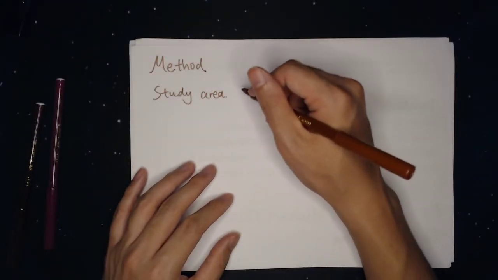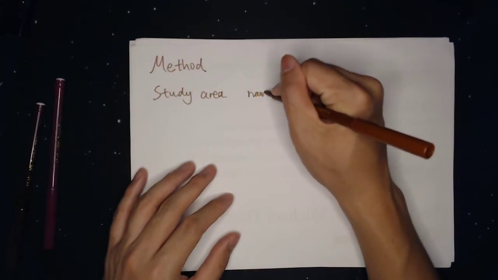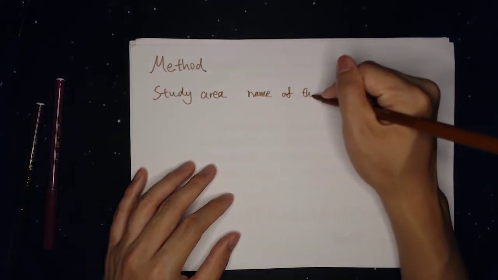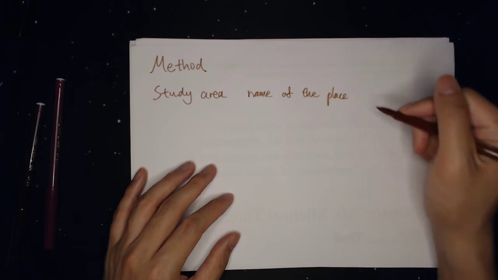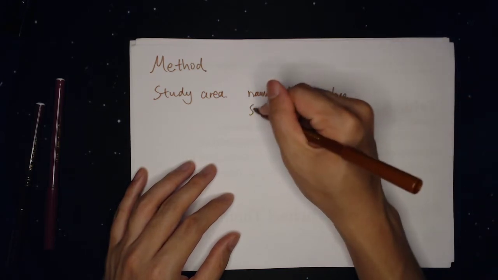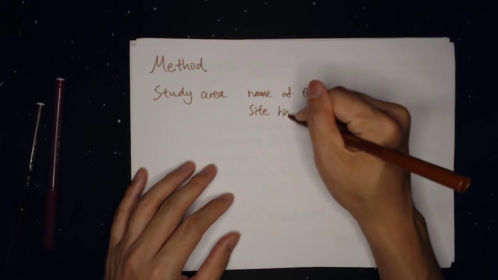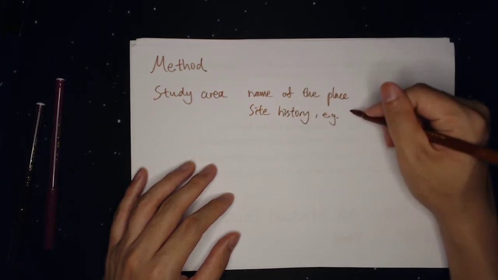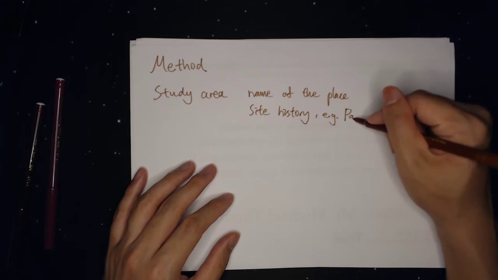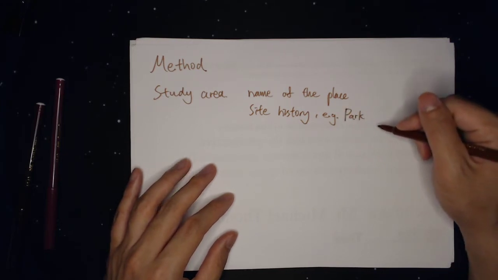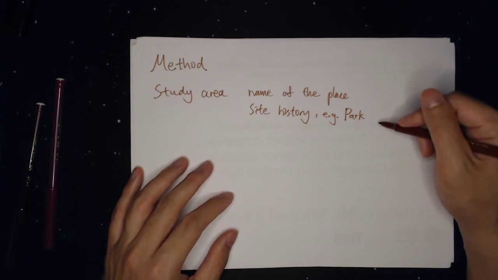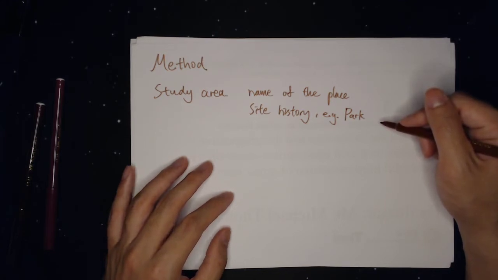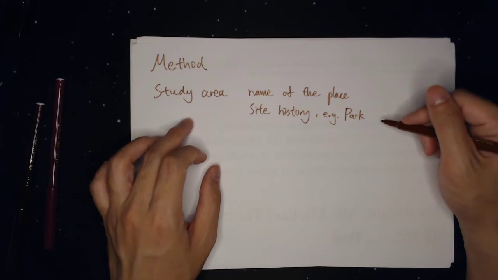You can give me the name of the place, and then you can include a little bit about the site history. Let's say if you chose trees in a park, then you may tell me where the park is located, when it was built, whether it is frequently used, information like that. Okay, so that is about study area.